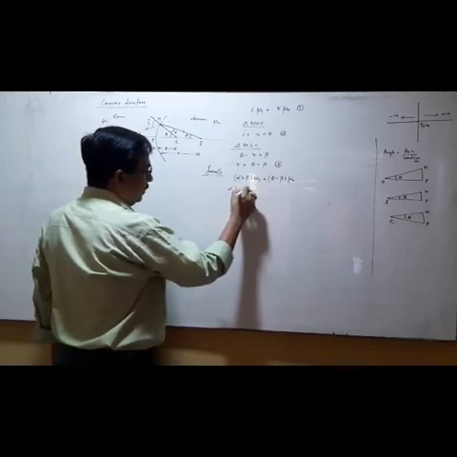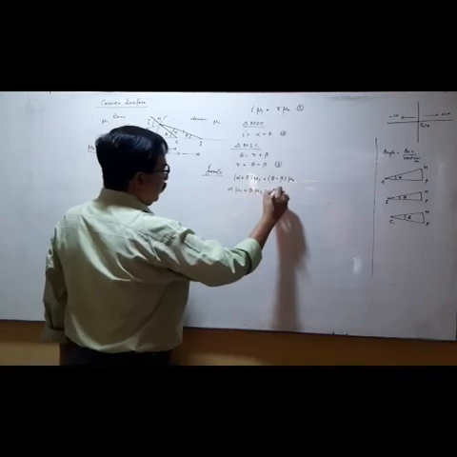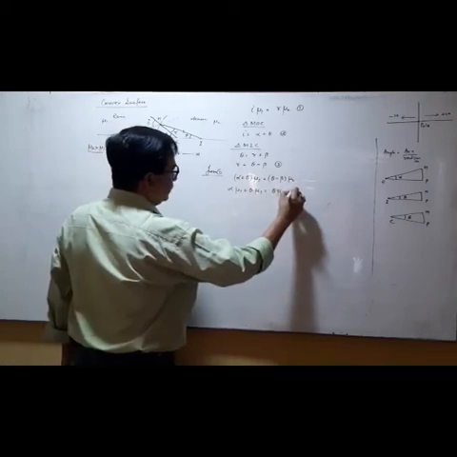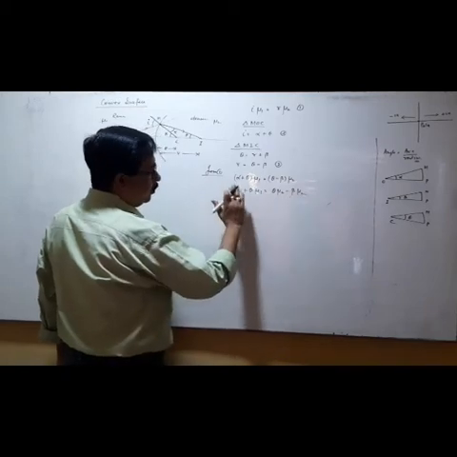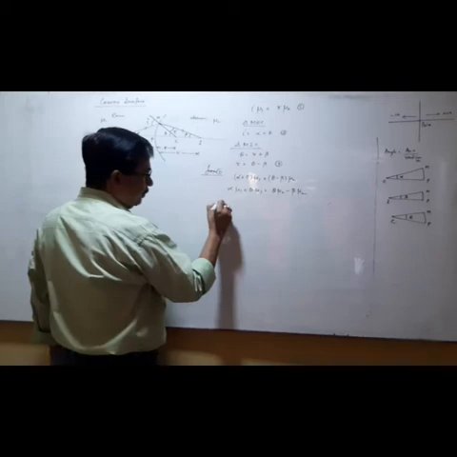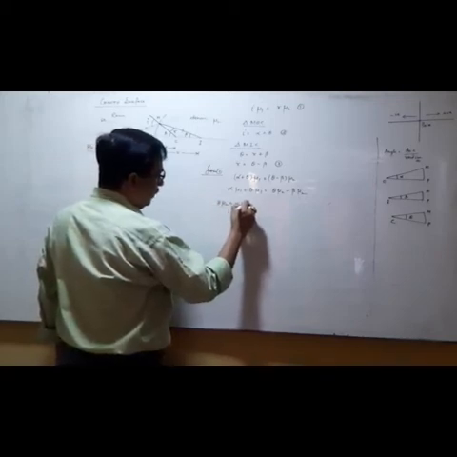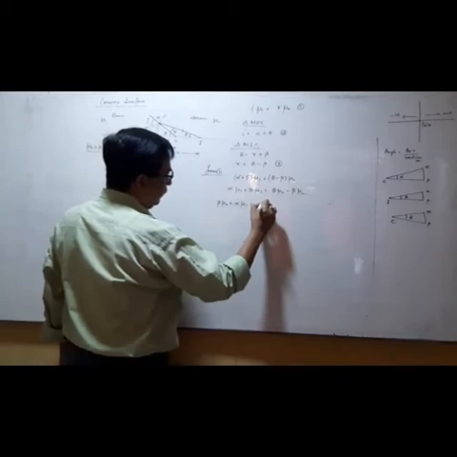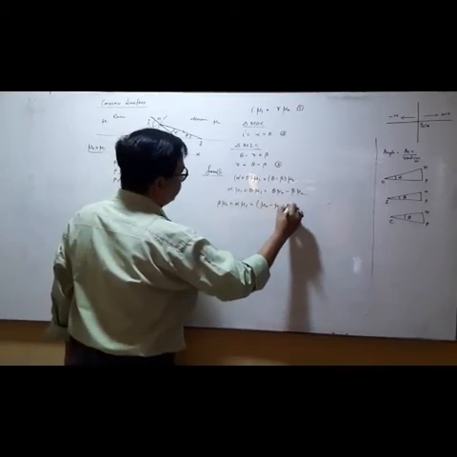Alpha mu1 plus theta mu1 is theta mu2 minus beta mu2. Again theta will go to that side, and this will come to this side. So beta mu2 plus alpha mu1 is (mu2 minus mu1) into theta. This is equation number 4.